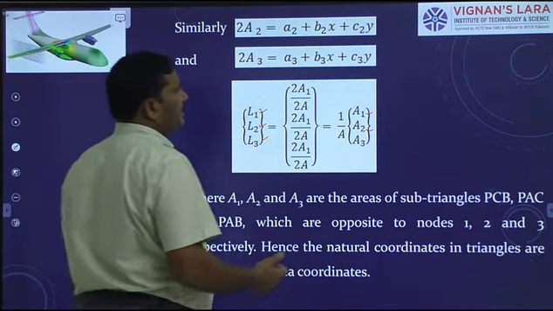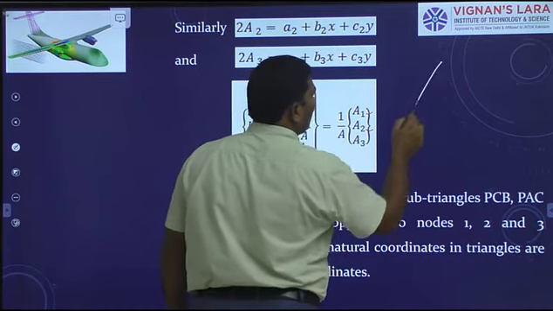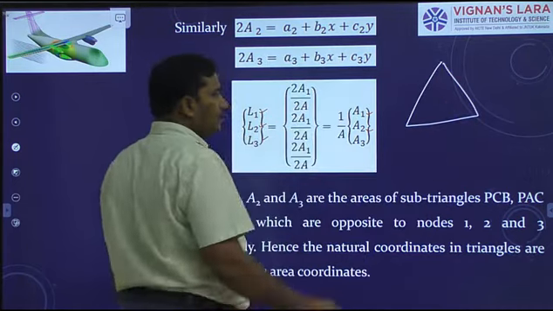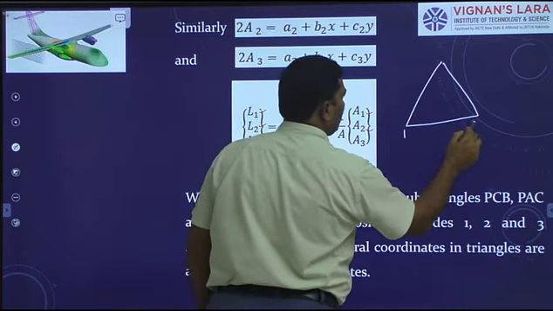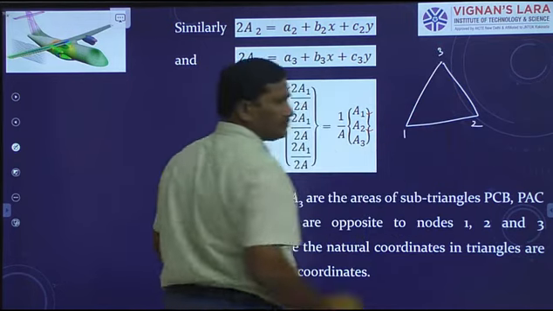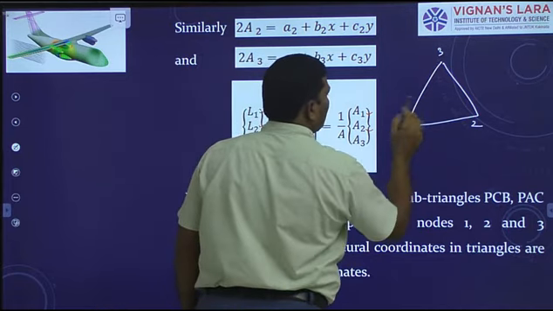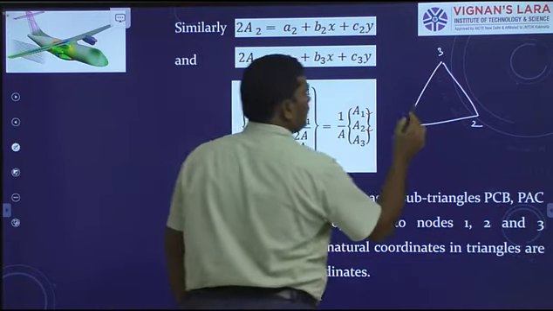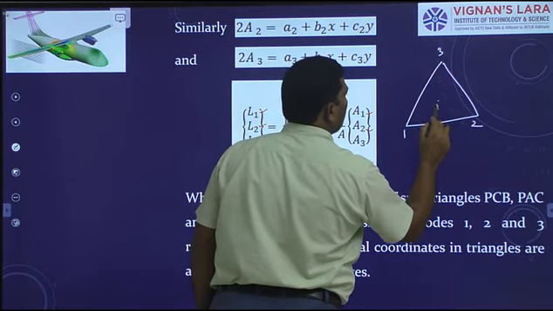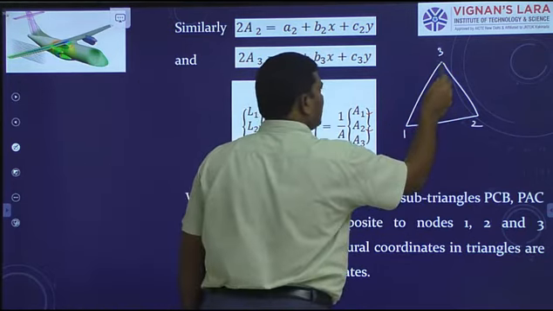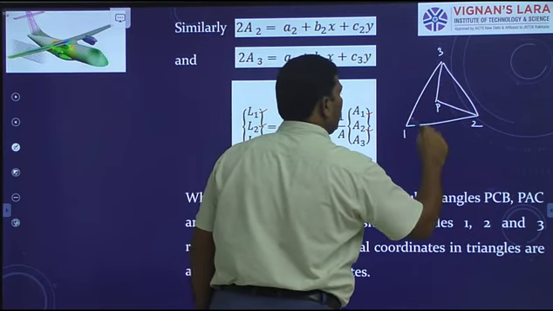This is the reason why, if you take a triangle like this with nodes 1, 2 and 3, and I choose a point P as the point of interest, I join P with each node.